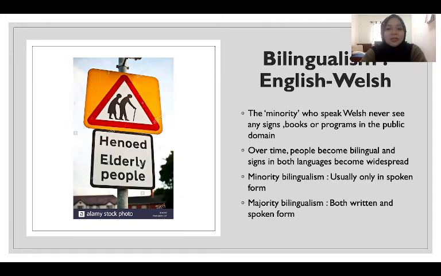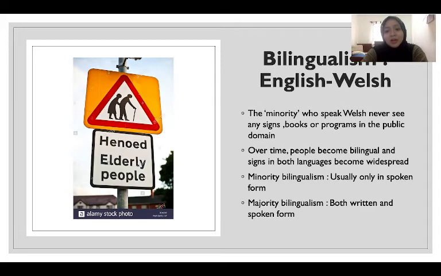Then these children grow up and still communicate with ease between these two languages. And now the country, even the signs, they have in two languages. For example, one sign is in the Welsh language, and at the same time another is for elderly people in English.